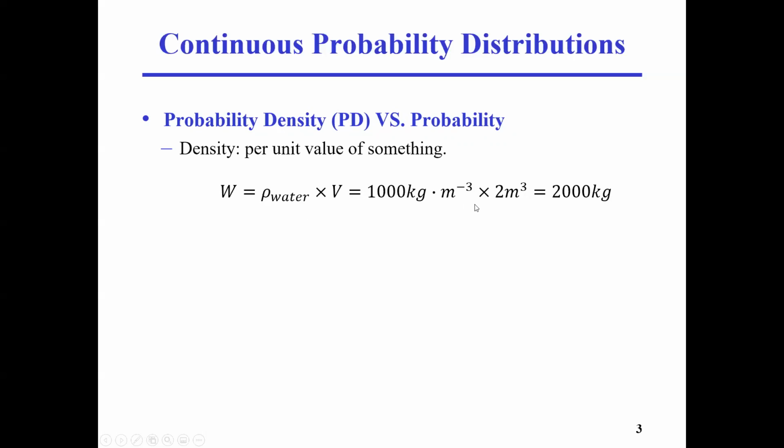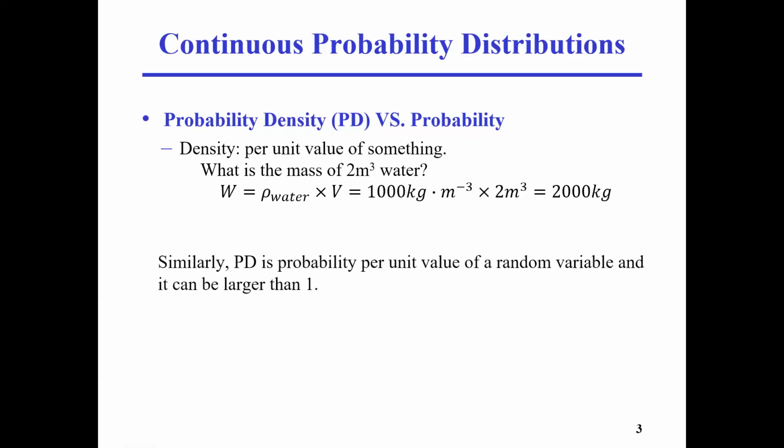For example, if the volume of a water body is 2 cubic meters, you multiply these two and get the weight of that water, which is 2,000 kilograms or 2 tons. So this is how you calculate the mass of 2 cubic meters of water.